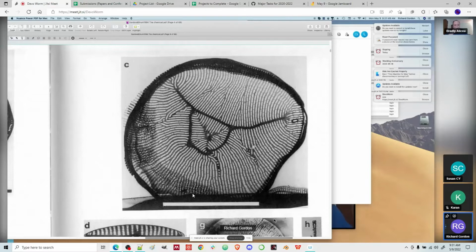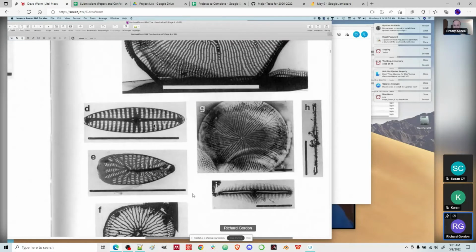Okay. Let's see. Here's a normal one. These are some other species. This shows a normal one caught in the act of growing its silica.